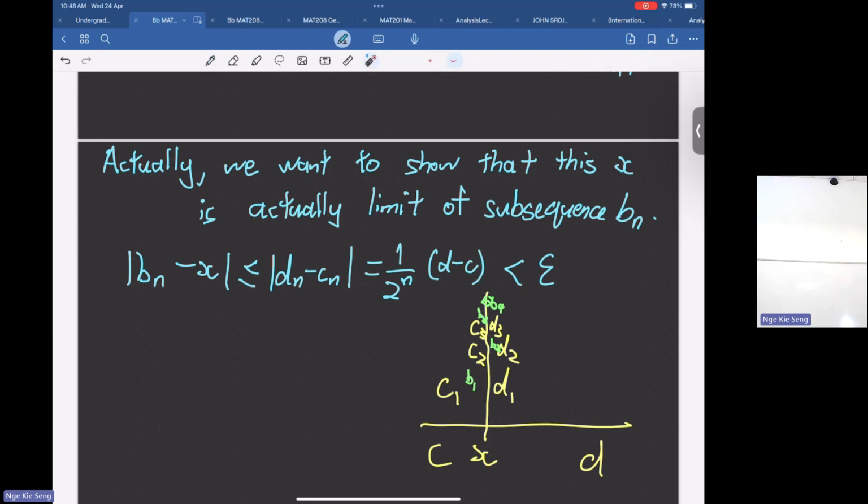So can you find an n such that epsilon is greater than this guy? Can you do that?